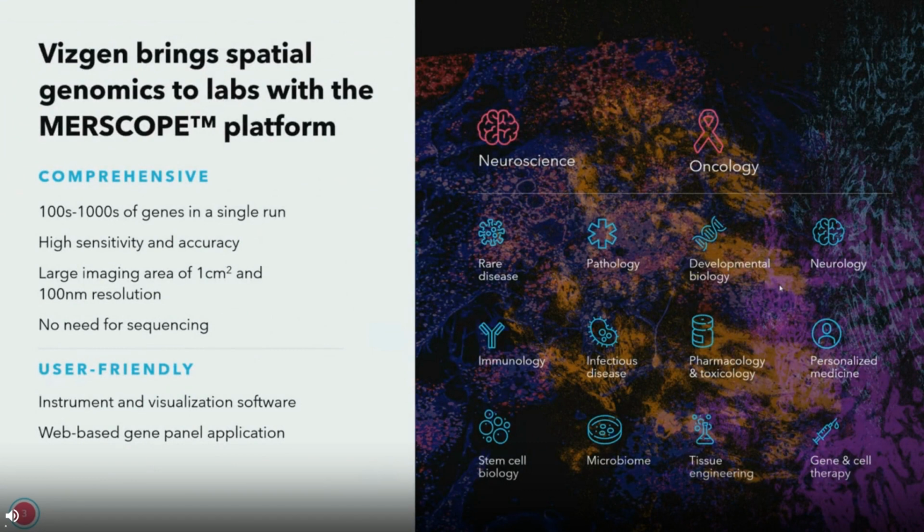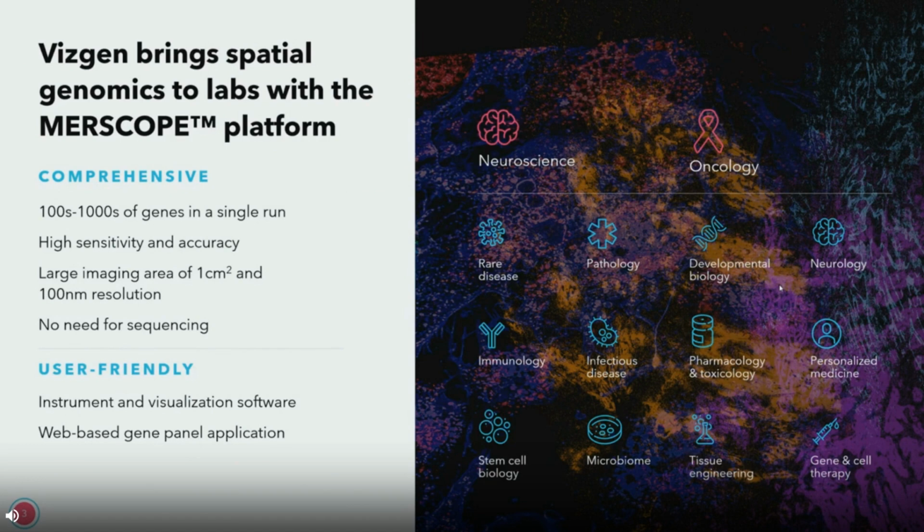MERSCOPE is built on a foundation technology called MERFISH, which enables simultaneous imaging of hundreds to thousands of different genes in a single run with high sensitivity and accuracy. It can also scan a very large imageable area, up to 1 square centimeter, with very fine spatial resolution and no downstream need of sequencing.